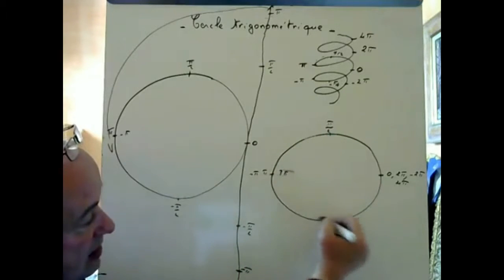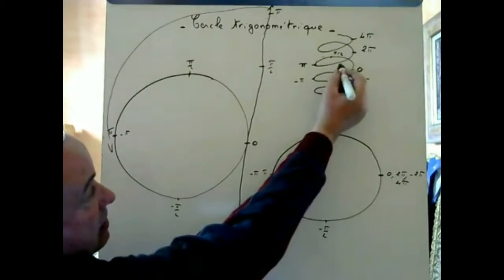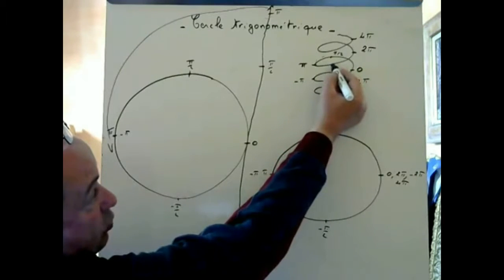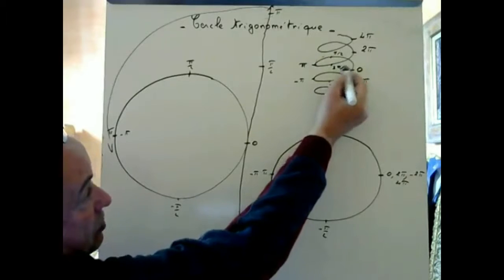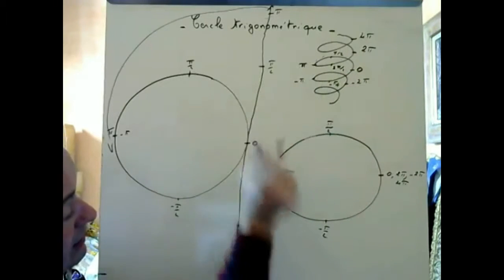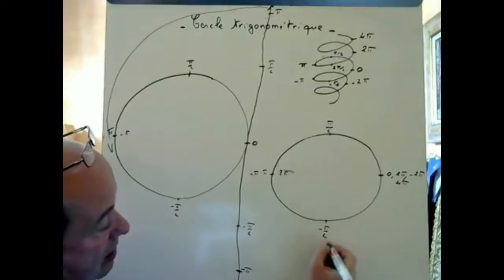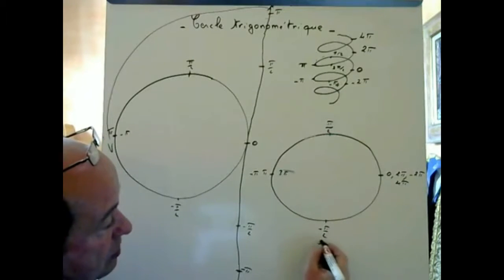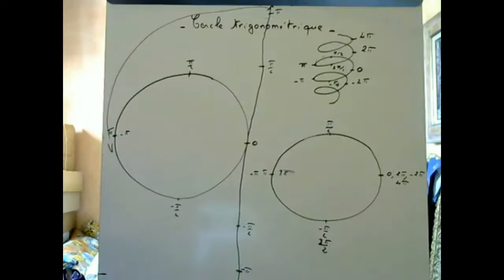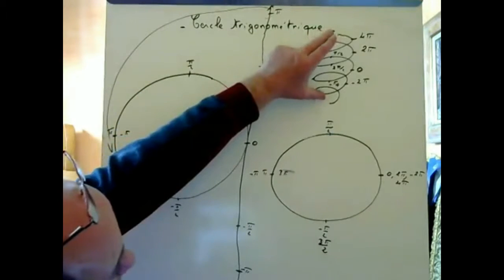And if I turn in the positive direction, I get 3 pi over 2. And here I have its equivalent. The pi over 2, pi, and here we have 3 pi over 2, which is over top of minus pi over 2. So an equivalent angle to minus pi over 2 is 3 pi over 2.